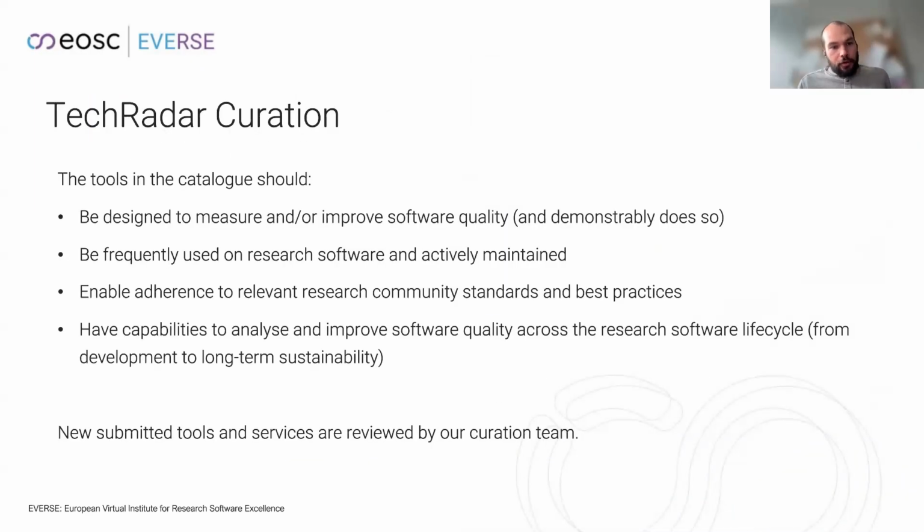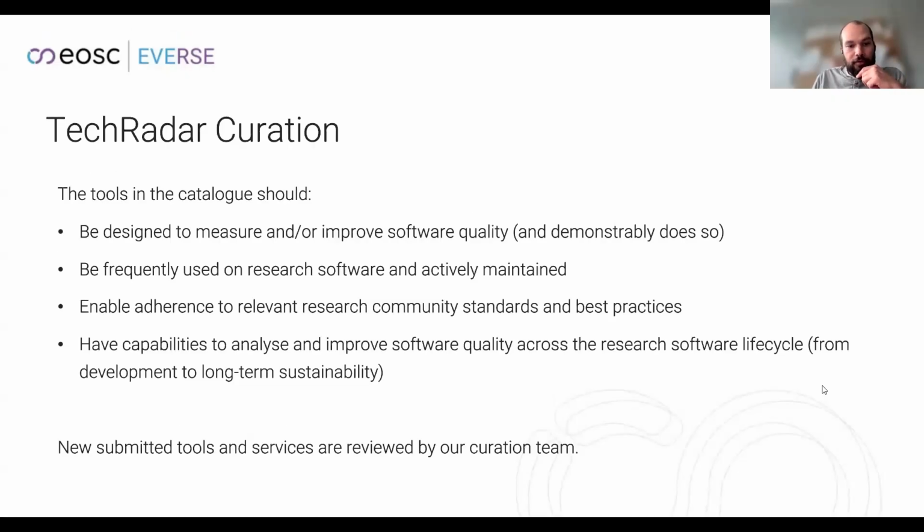For the catalog, each tool goes through curation. We have this list of criteria that we use to select the tools and services. It should be designed to measure or improve the software quality. It should be used frequently on research software and should be actively maintained. It should adhere to the relevant research community standards and best practices.